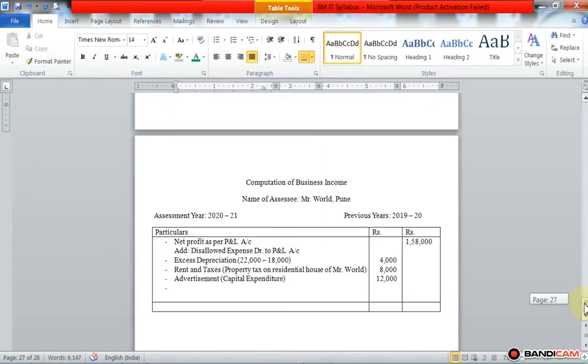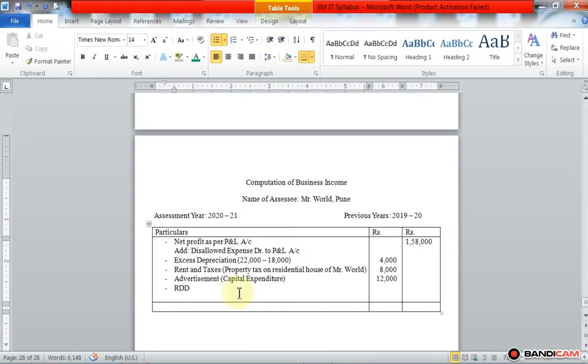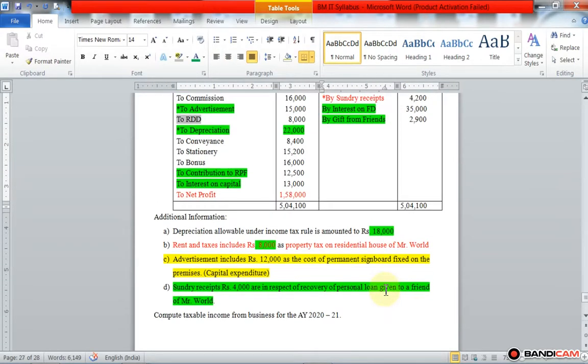RDD means provision for reserve for doubtful debts. The amount of RDD is rupees 8,000. So provision for RDD is disallowed. Then depreciation, we add excess depreciation in net profit.